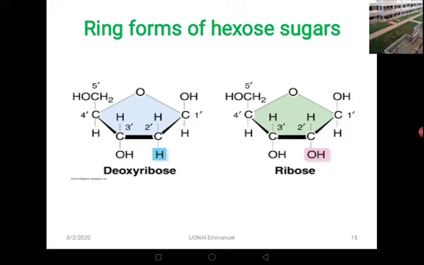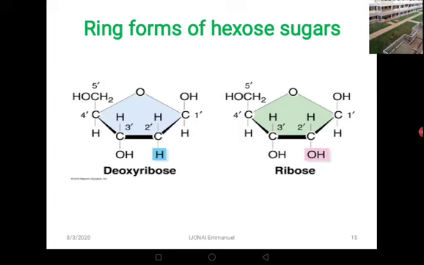Let's observe the two rings, and then you tell me the difference. What have you seen? They look almost the same, but look at the OH at carbon atom 2 of the ribose sugar, and then look at carbon atom 2 of the deoxyribose. You realize that there is a difference.